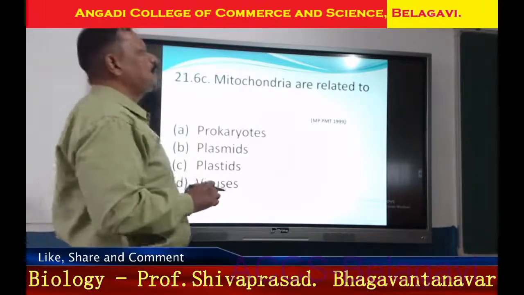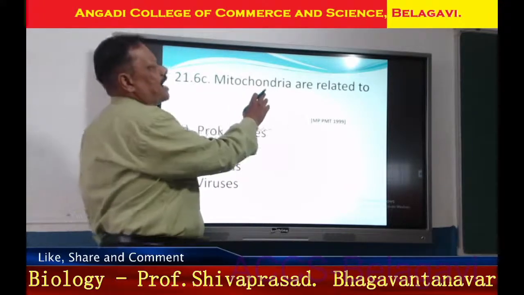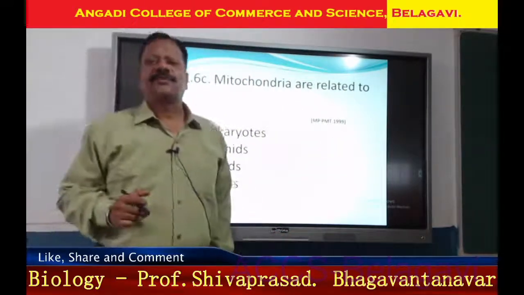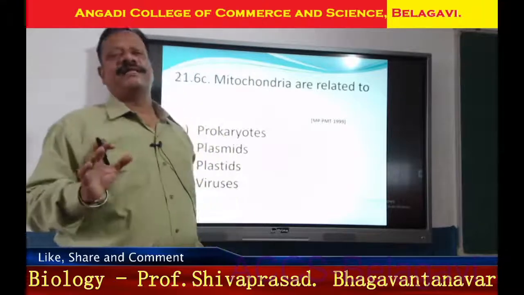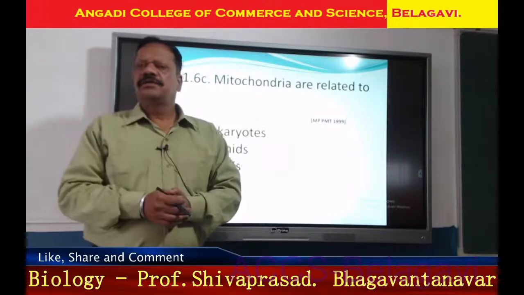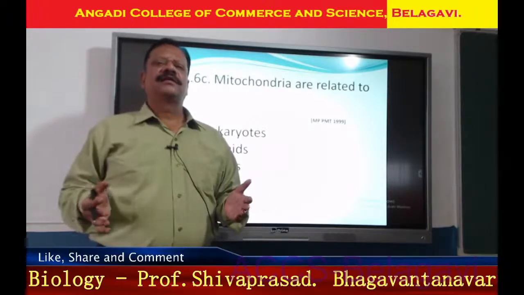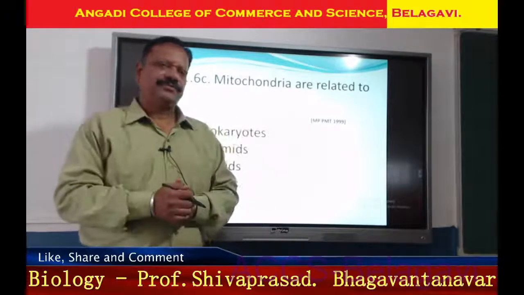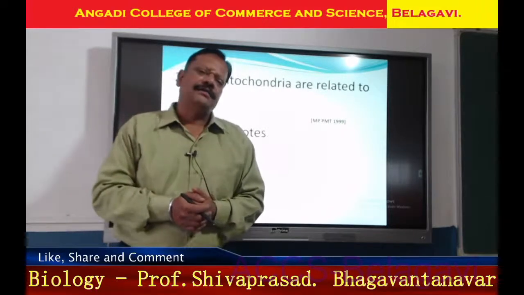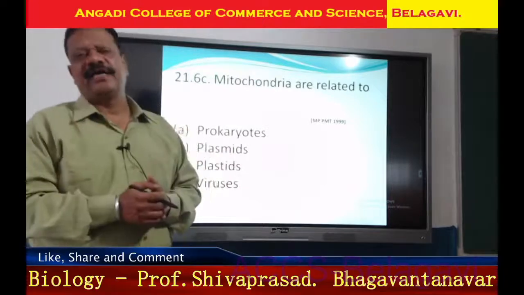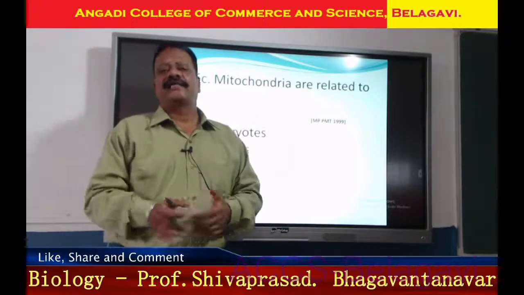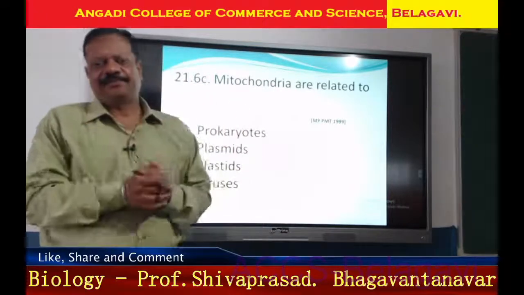Now, mitochondria are related to... You know mitochondria. Mitochondria is called the powerhouse of the cell, or it may be called a currency storage bank. We use many names here, but whatever extra energy is there is stored in mitochondria, so we call it the powerhouse of the cell.